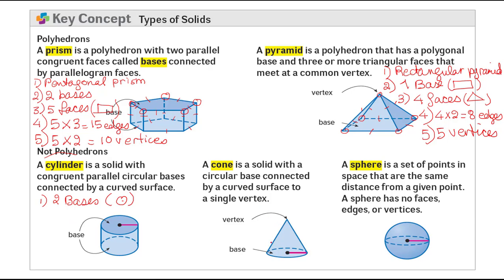Now here if I look at this cone, a cone is a kind of pyramid, but it's not a polyhedron. It has only one base, and it has only one vertex. The sphere is a shape that is not a pyramid and not a prism. It doesn't have any vertices, any bases, or any faces, and it's not a polyhedron, of course.